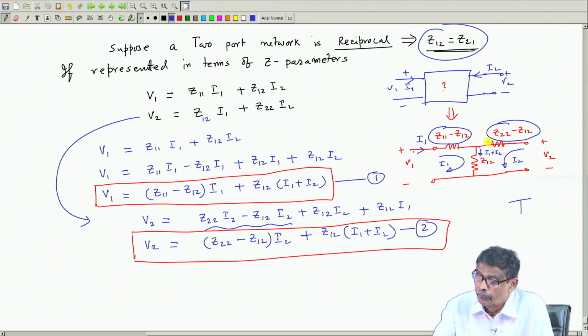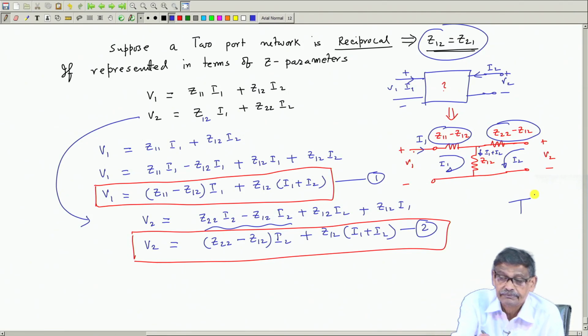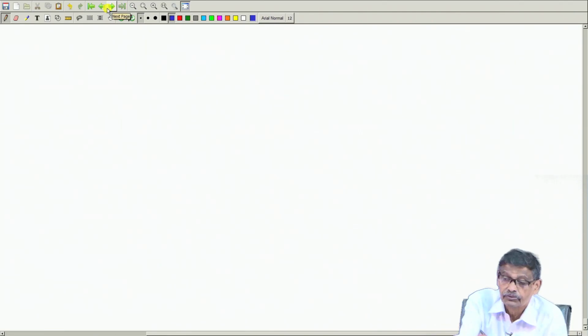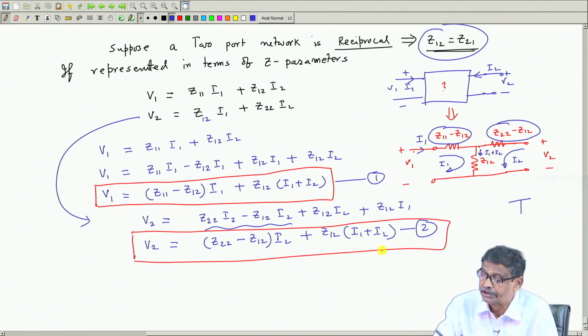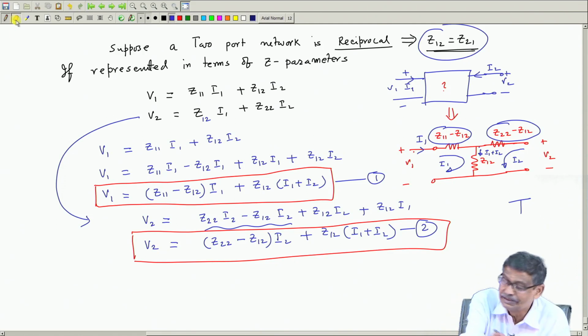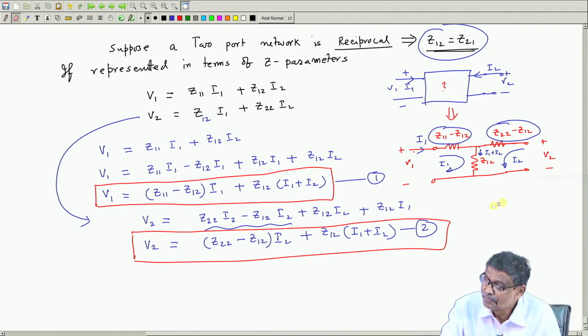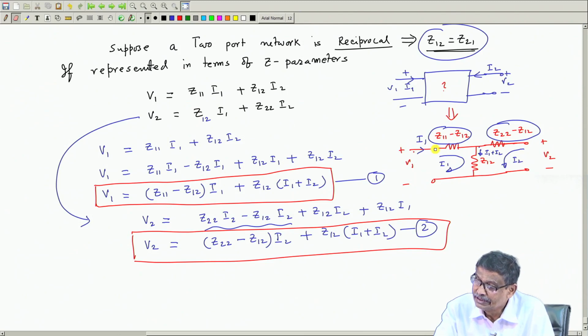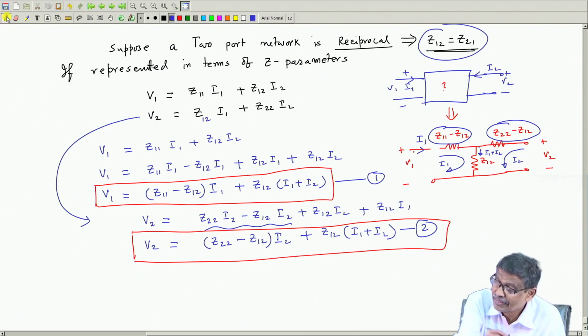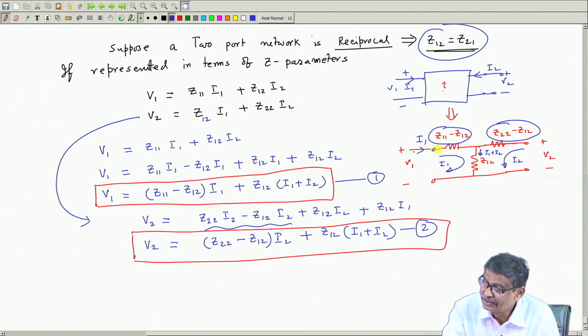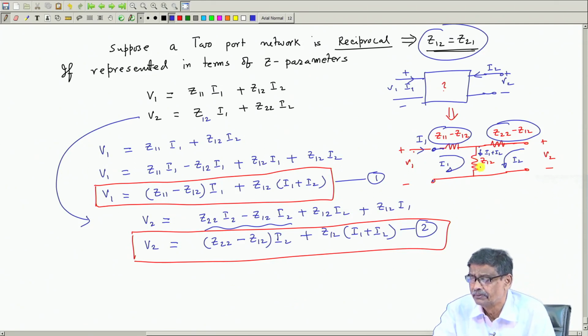And once you do this, let me be on this page only. Once you do this, the interesting part is, these are the ports, these are available to me, and inside I can now think it is a T network of this form.